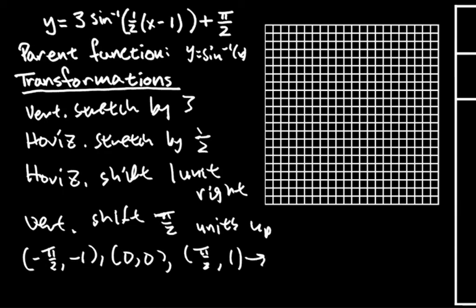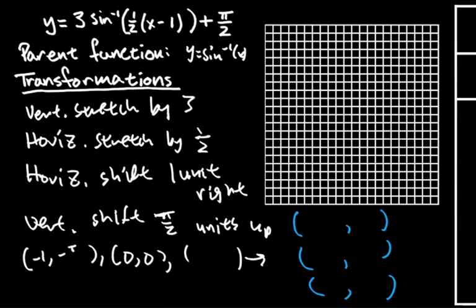So if we transform those, what's happening is all of the x values, we're going to divide by a half and then add 1. Divide this by a half means multiply by 2. So negative pi over 2 becomes negative pi. If we move it 1 unit to the right, oh shoot, that is reversed. Sorry.